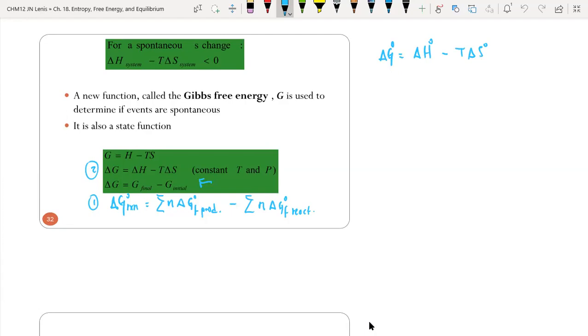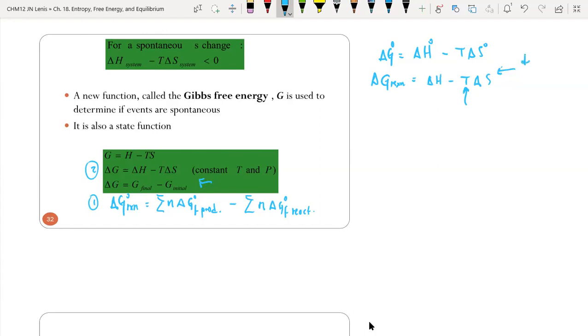Most of the time we don't have a standard temperature, but that will affect very little the changes of delta H and entropies. So in general, we can say that delta G of the reaction equals delta H minus T delta S. And we use all these standard values given in the data table, and you can use the temperature given in your problem.